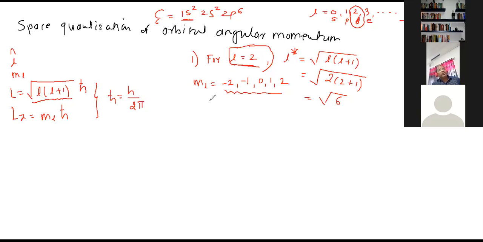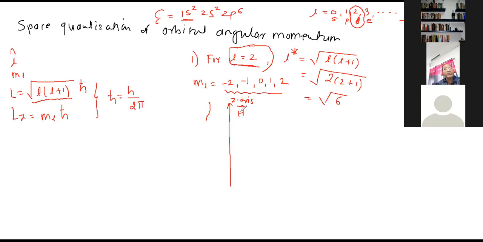So what we can do? We want to draw the orientation. Orientation means we will take the z axis. Like this, you have to draw the z axis. This is your z axis, along which the magnetic field is applied.